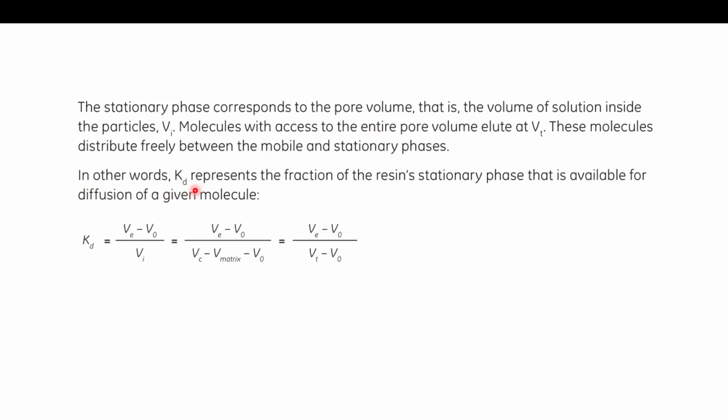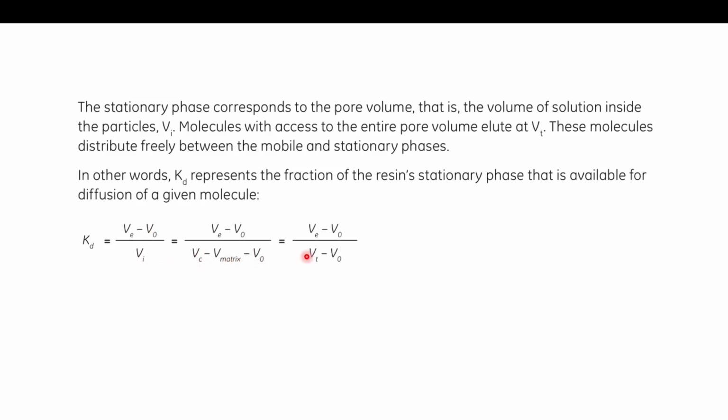So in other words, Kd, or the partition coefficient, represents the fraction of the resin's stationary phase that is available for diffusion of a given molecule, right? So Ve minus V0 divided by Vi. If we simplify it, this becomes Ve minus V0 divided by Vc minus the same expression that we saw previously.